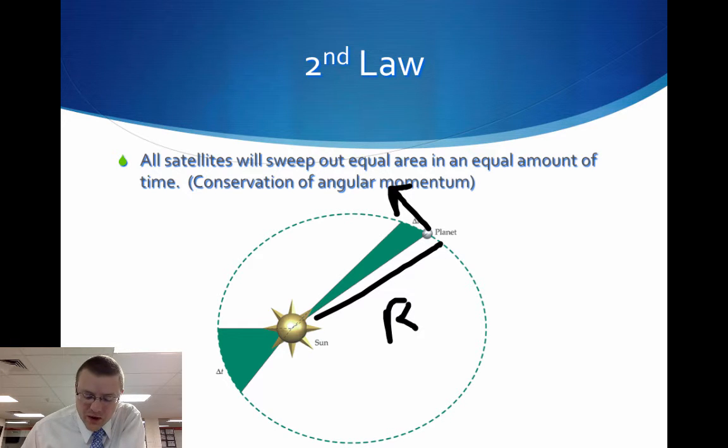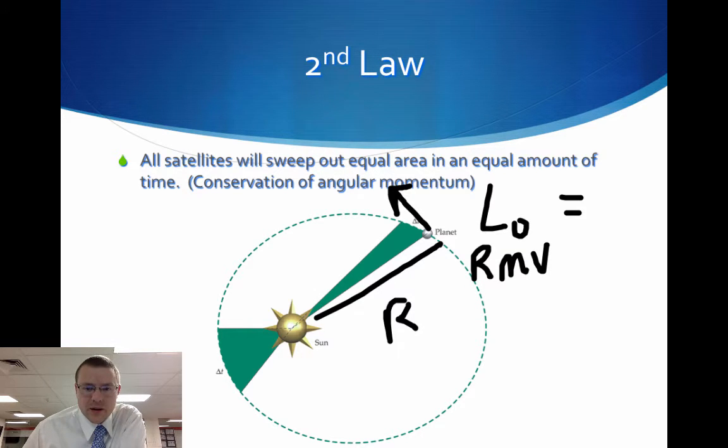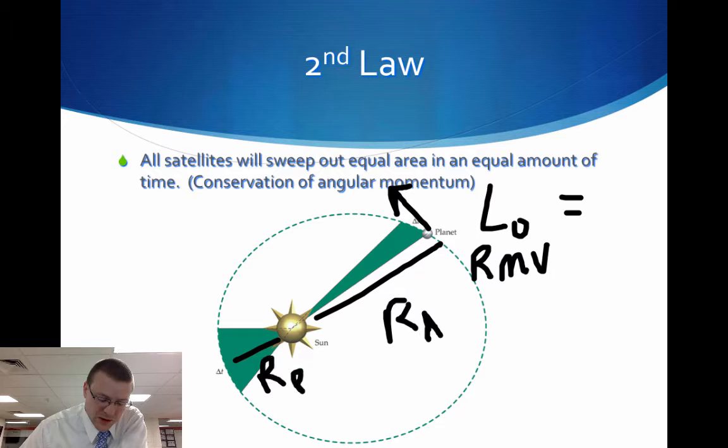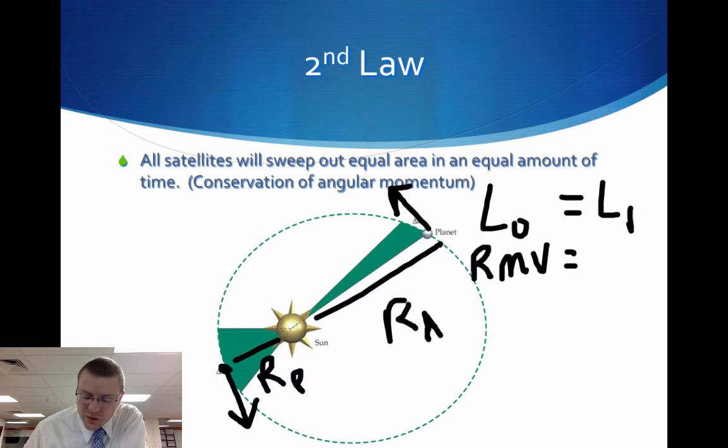So that means we have angular momentum, r cross p, so r m v for the planet way out here. We'll call this our aphelion distance. Now our perihelion distance is much closer. But again, the planet doesn't want to go anywhere but in a straight path, so it still has angular momentum, r m v, at this location.